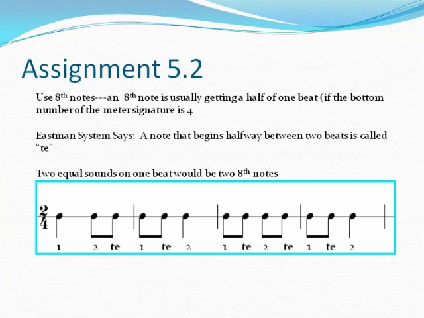So when I'm counting those, and I'm trying to set my pulse or my speed or my tempo, and my foot is going down, up, down, up, down, up, that kind of gives me that equalization of those 2 eighth notes. As the foot goes down, that's 1, and as it comes up on the half of a beat, that is the portion where it is tay.